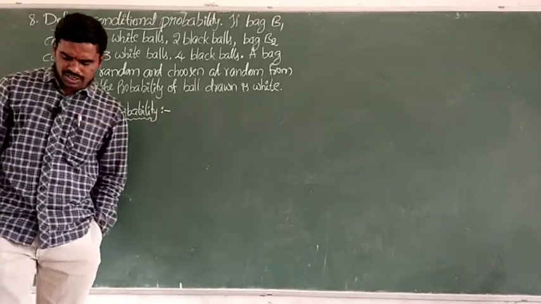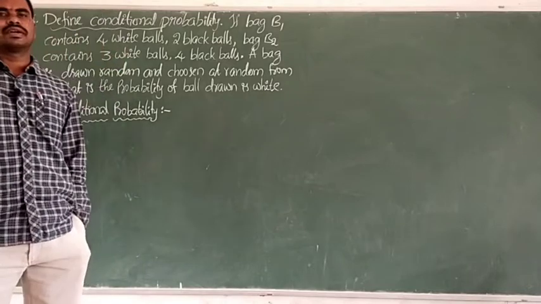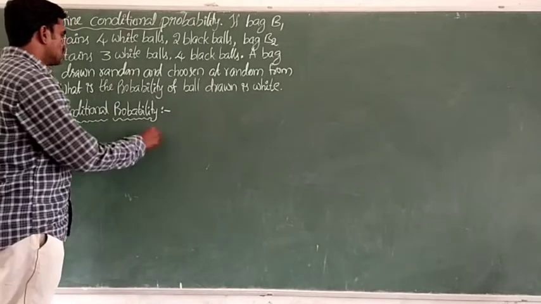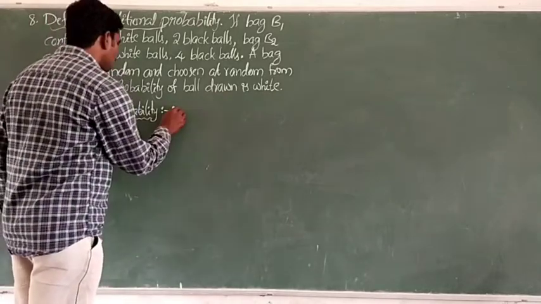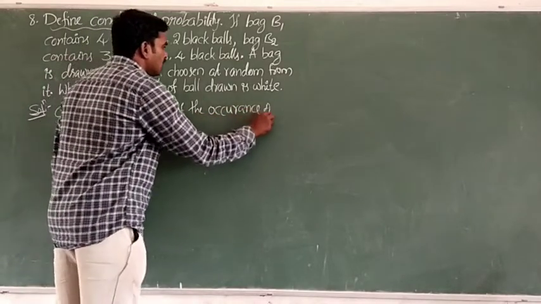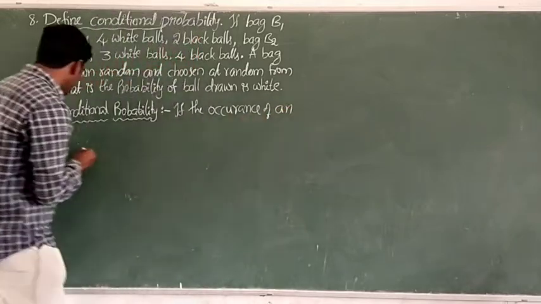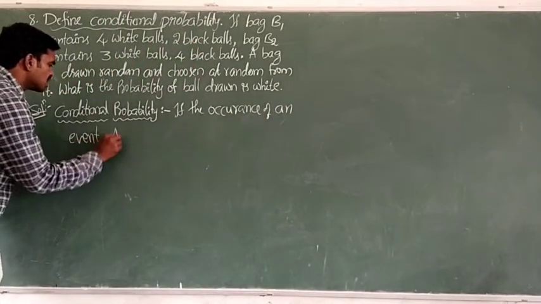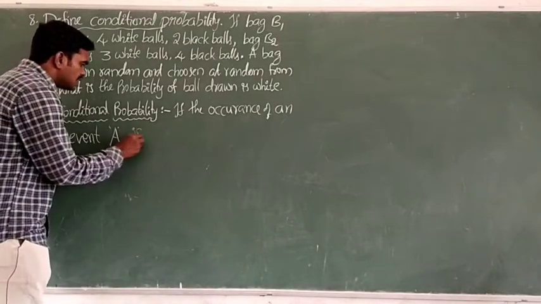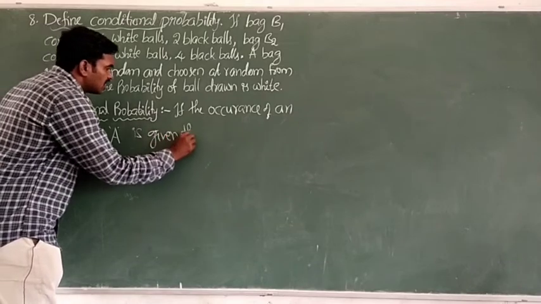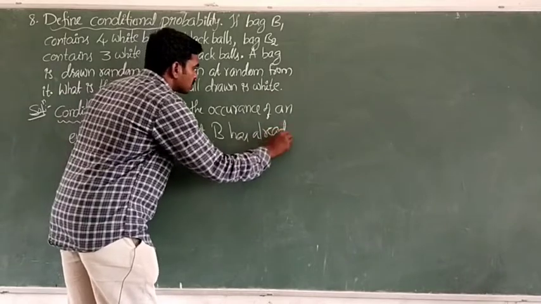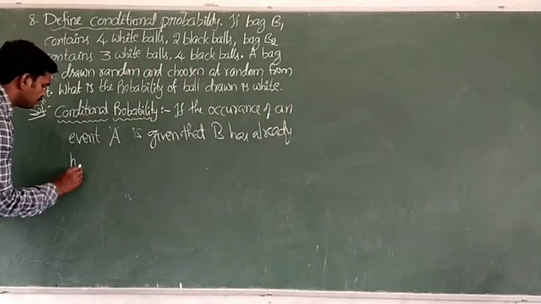Generally, probability means number of favorable outcomes by number of all possible outcomes. Here conditional probability means, suppose the occurrence of an event, for example capital A, is given that B has already happened.